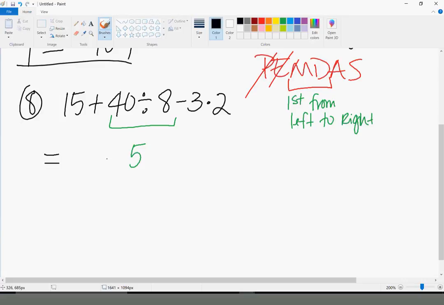Now let's bring down everything else. So it's 15. That was a positive 5. Then bring down that -3 times 2. Now check and see if we have any other division or multiplication. And we have multiplication.